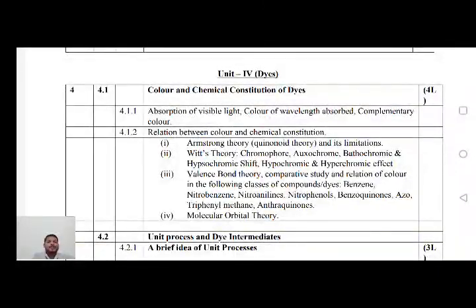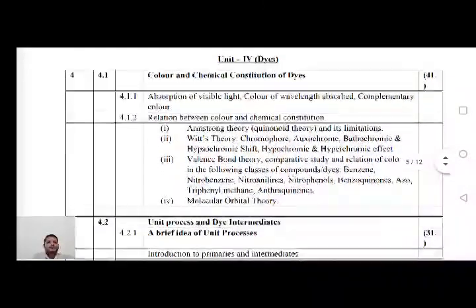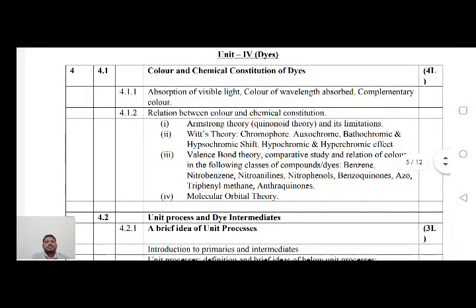Then next, unit 4, that is color and chemical constitution of dyes. In this, there is absorption of visible light, color of wavelength absorbed, what is complementary color, then the relation between color and chemical constitution.